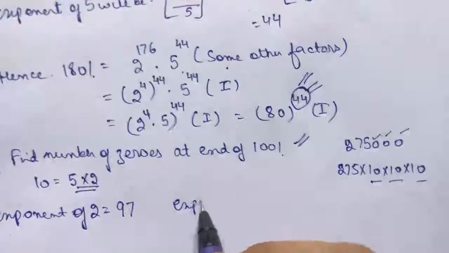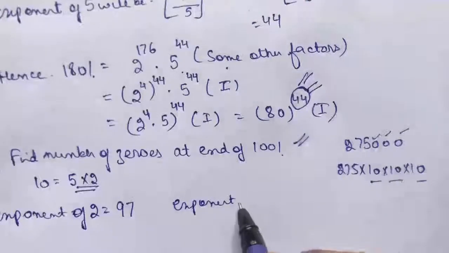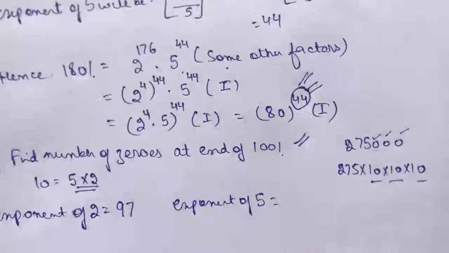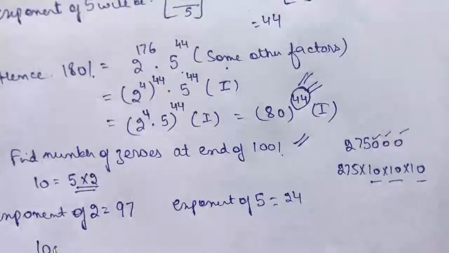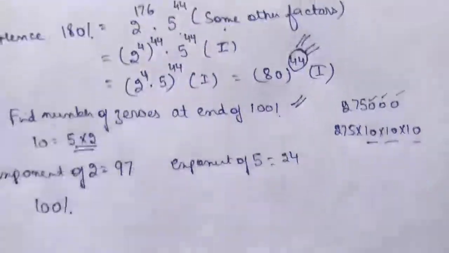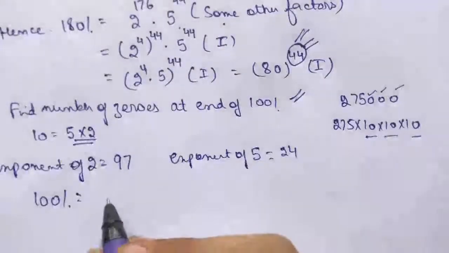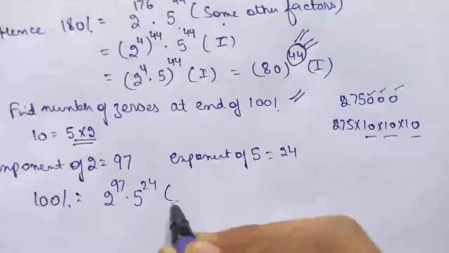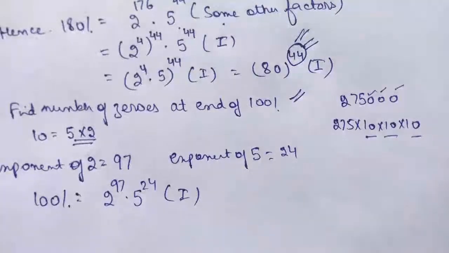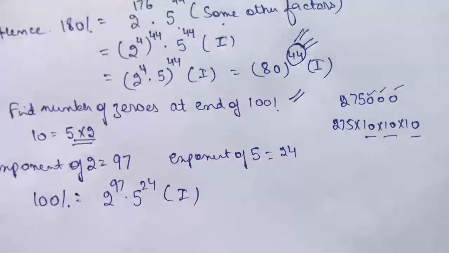We know the exponent of 5, if you have not calculated, you can calculate, will come out to be 24. So 100 factorial will be equal to 2 raised to the power 97, 5 raised to the power 24 into some other number that we are not interested in. Simply they are some random numbers, they have a random product, but we are not interested in those things.